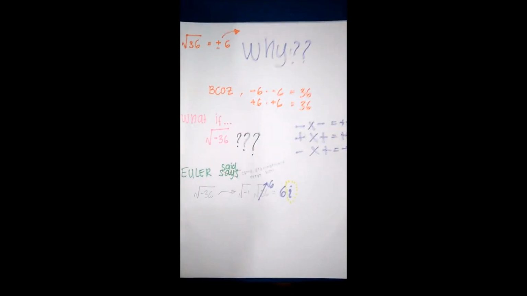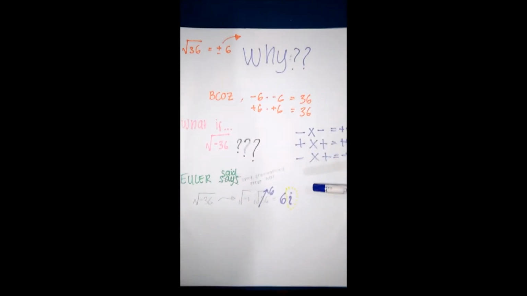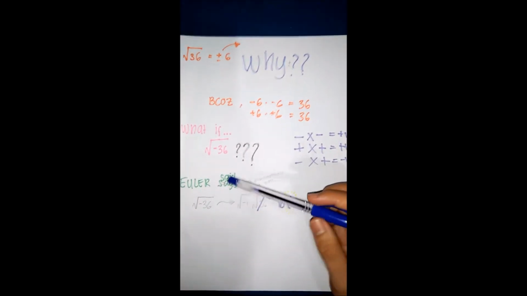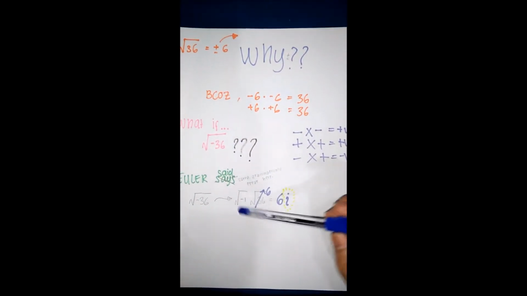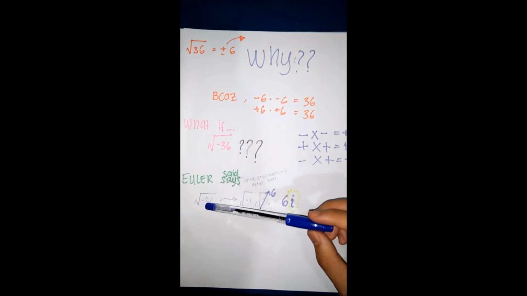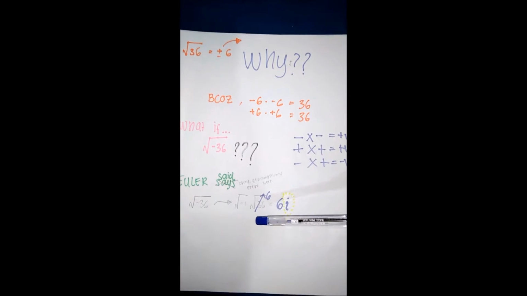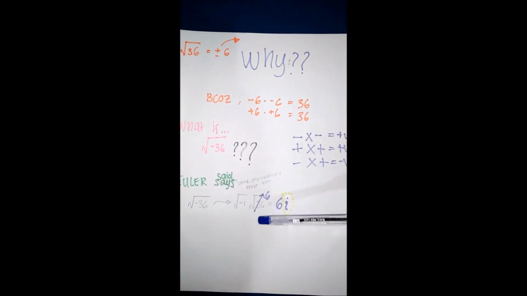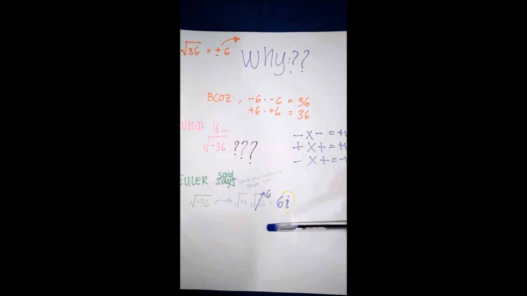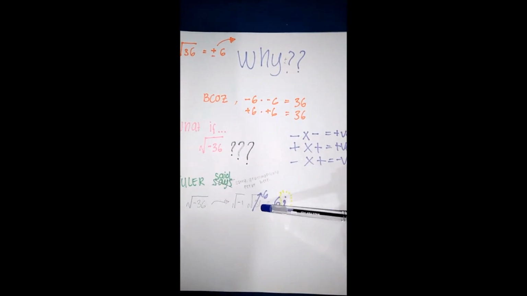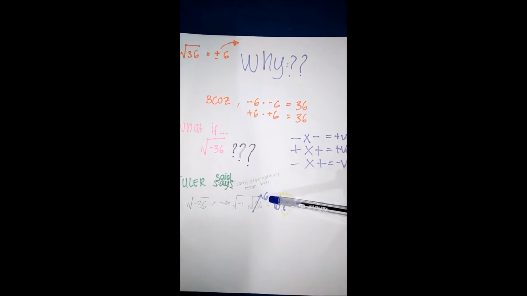So to tackle this, a great mathematician came up with an idea to simplify this question into this one. As you can see, the square root of negative 36, we can transform into the square root of negative 1 multiplied by the square root of 36. So here we can see that the square root of 36, we can compute as 6.